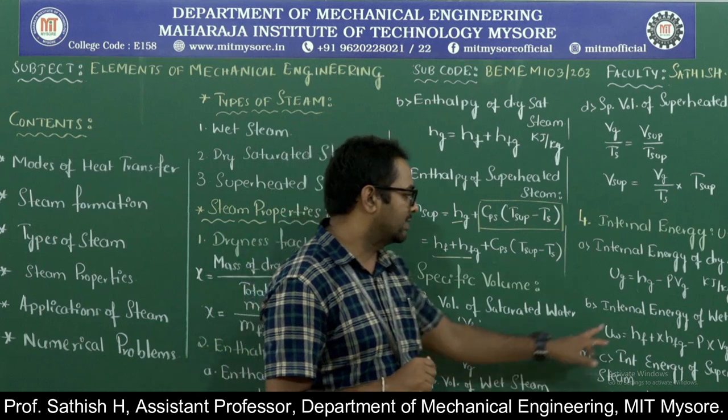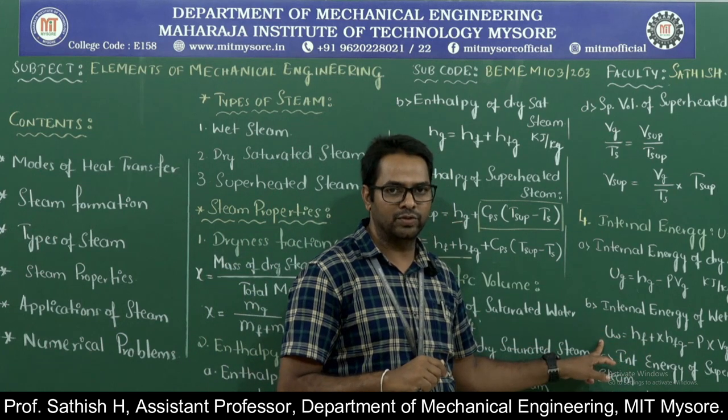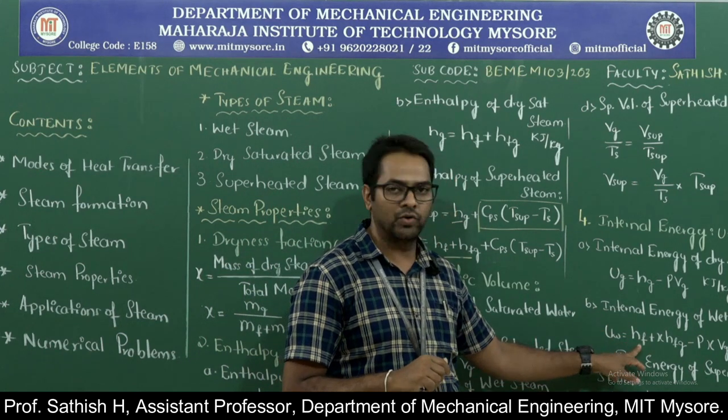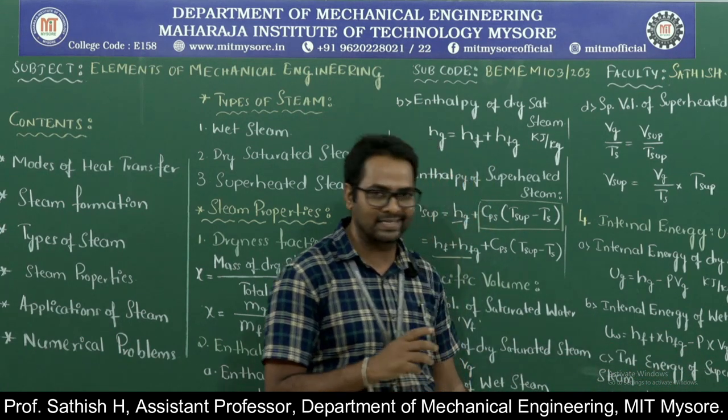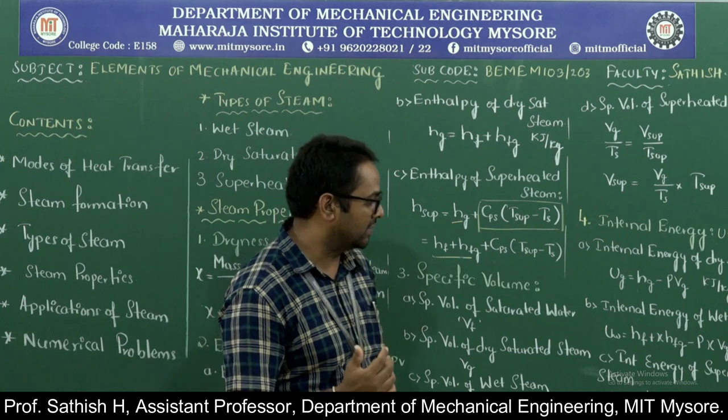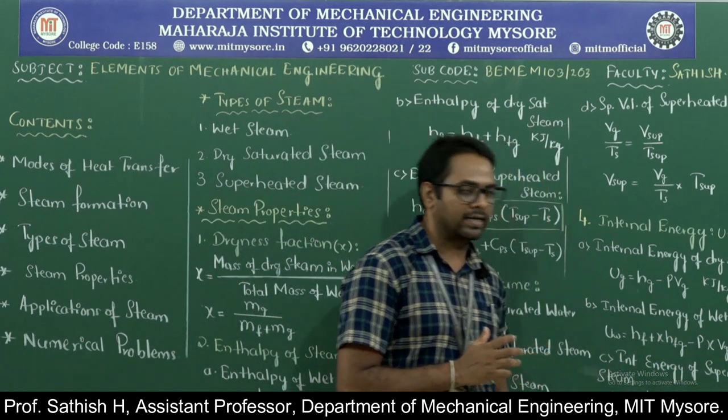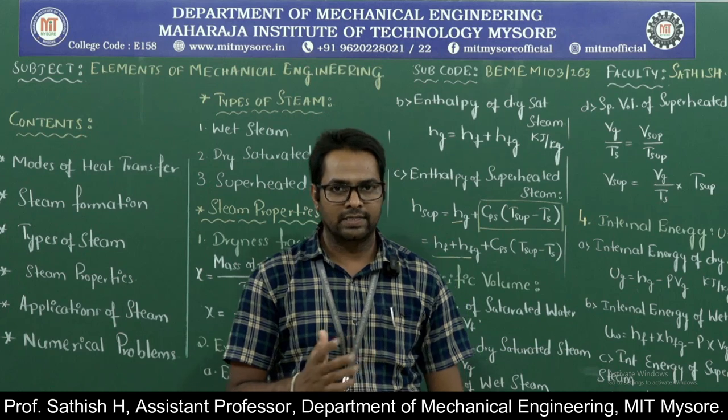If you want the internal energy of the wet steam, you have to use this formula: Uw is equal to Hf plus X Hfg minus P into X into Vg, in kilojoules per kg. That is the formula.